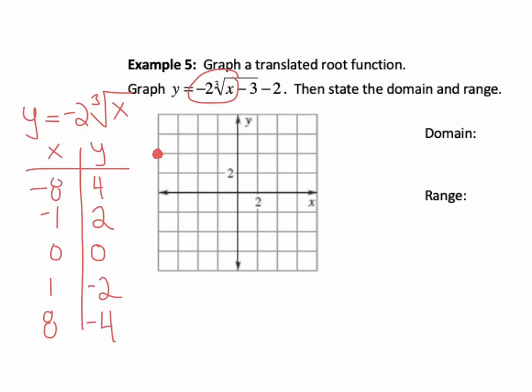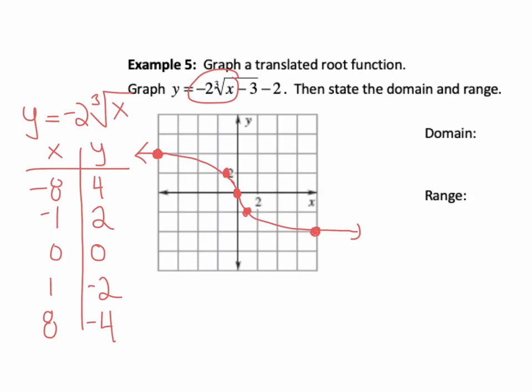And then -1 up to, that'll be half a tick mark over, 0, 0, over 1, down 2, and then 2, 4, 6, 8, down 4. So I get this graph that's definitely reflected and more stretched out than our normal cube root. Our cube root function always makes this S. It's just an inverted cubic function. It's reflected over the line y equals x, so it's an inverse.